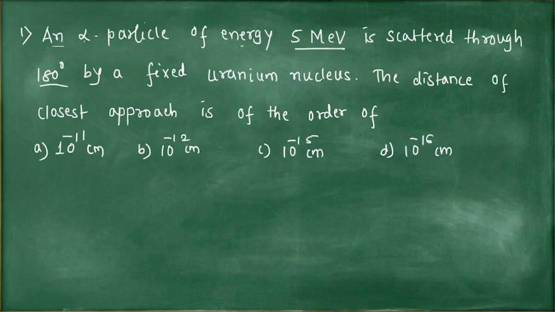Here we should remember the formula for distance of closest approach. This is the formula: 2Ze square upon 4 pi epsilon 0 times K. If you put the values and solve this with approximation, then you can get the correct answer.